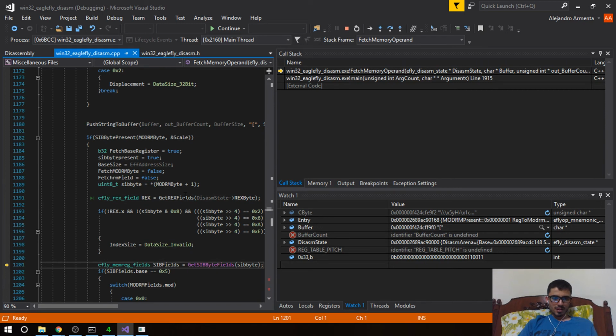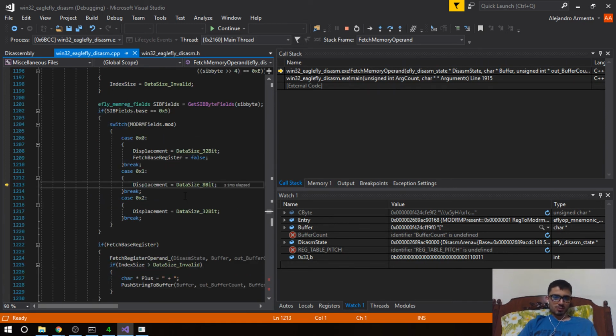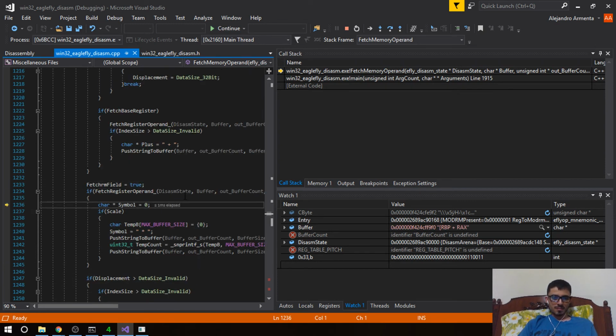Say we don't have an REX. SIB fields. You have an A bit as well. Fetch register operand. We do. We have RBP here. That's correct. We have a plus. They have a REX. We don't have a scaling. We have a scaling? Yeah, but it's 1, isn't it? Yeah. So we're gonna put times 1. That's super cool. Okay.